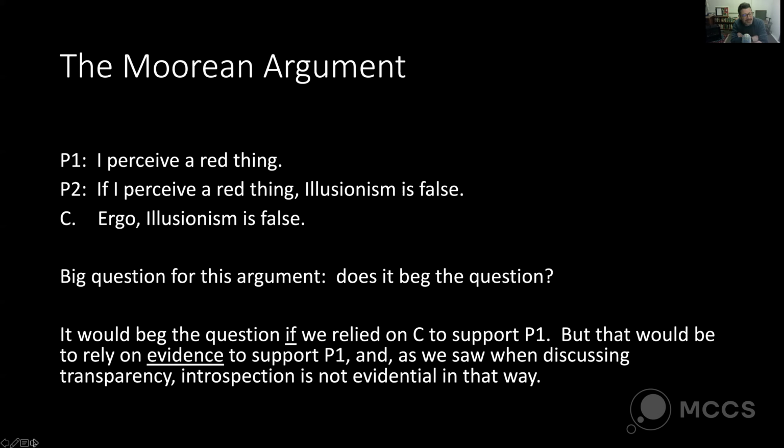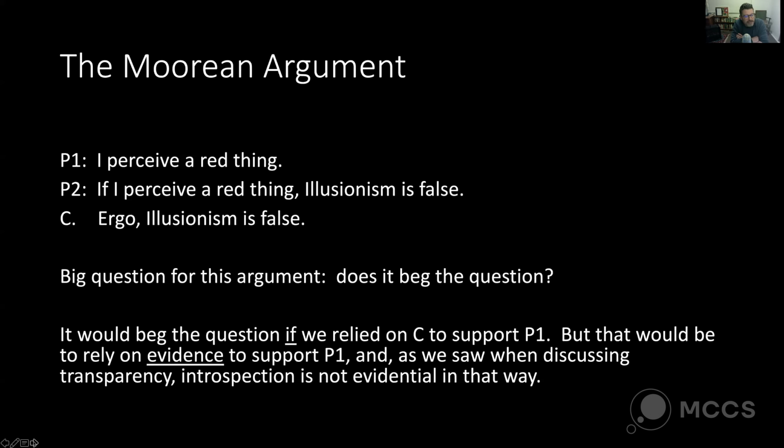And so we can ask the same sort of question here. Is this argument a question-begging argument? Some illusionists have certainly said that it is. There was an interesting paper given by Francois Camara at ANU last year, where he argued that this sort of argument begged the question. But I wanted to end by pointing out that there's, in fact, a very strong sense in which it doesn't beg the question.